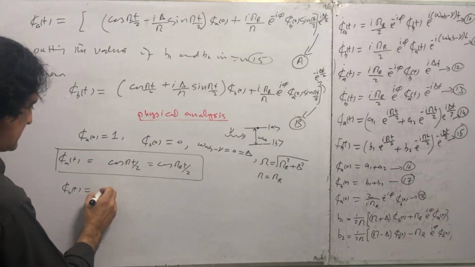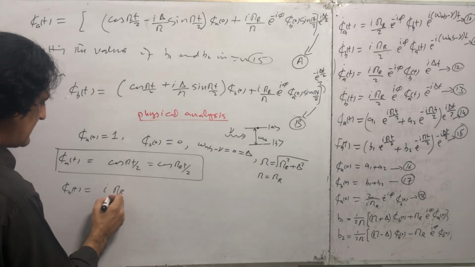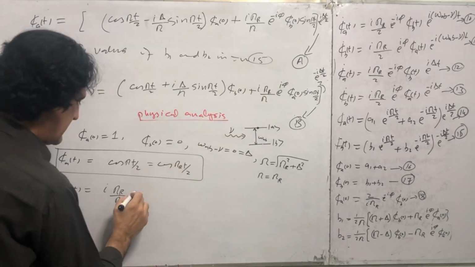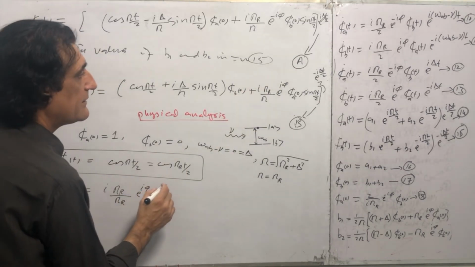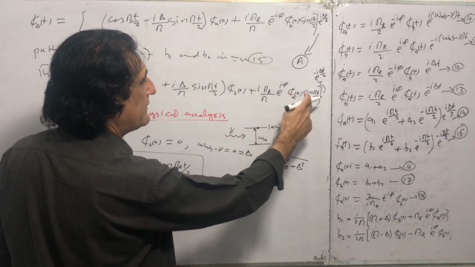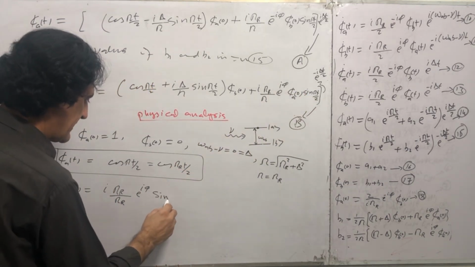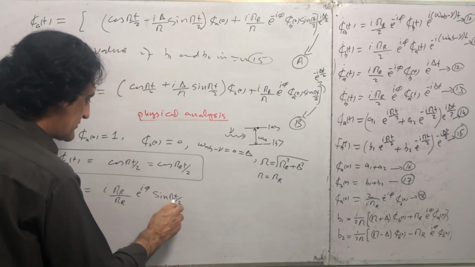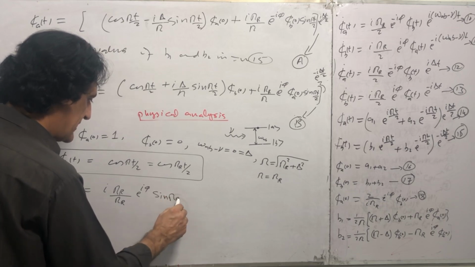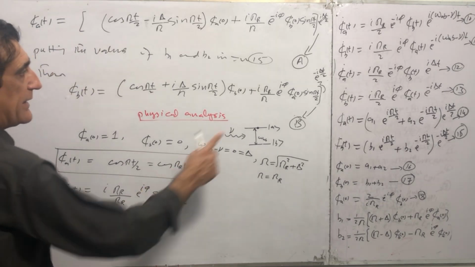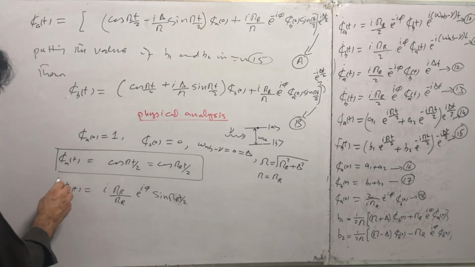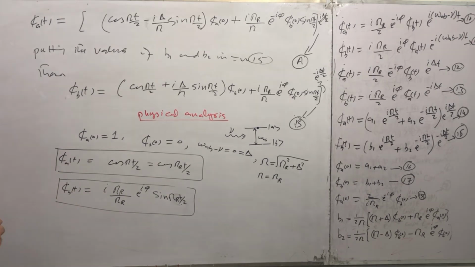And let's see, i omega r divided by omega, which is equal to omega r, and e to the power i phi, and this is equal to 1, and sine of omega t divided by 2, where omega is equal to omega r, so omega r t divided by 2, and this exponential term will be equal to 1. So we have two values, Cb and Ca.